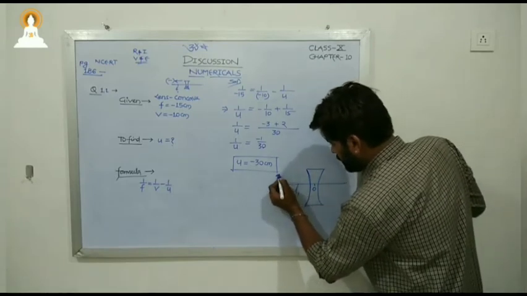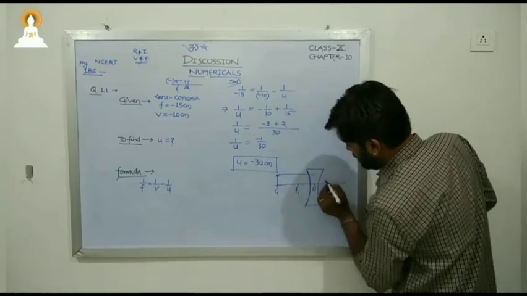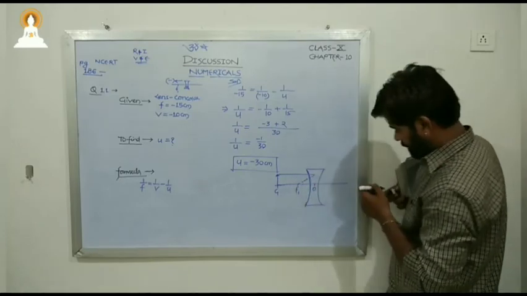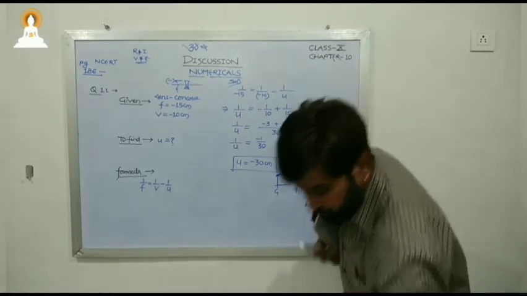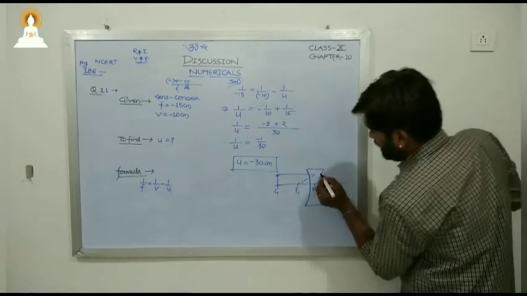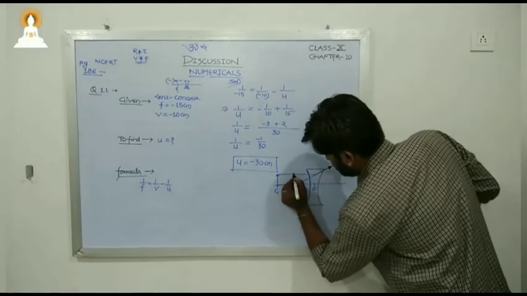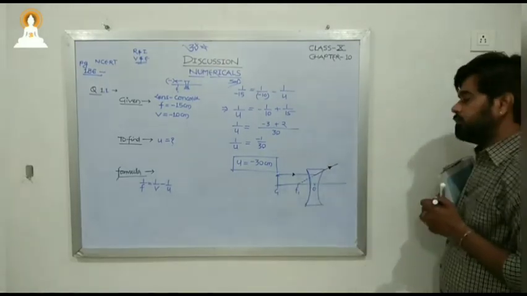Okay, so rule number 1 says that when a light ray is going to pass, it will appear to pass through the focus. If it appears to pass through focus, then it will be just like this. Now the second one.